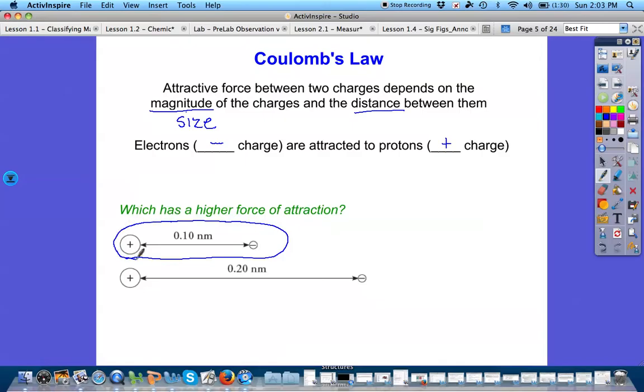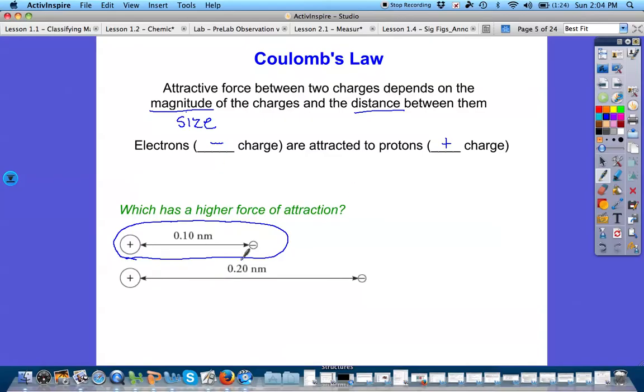You can think about this like if you have two magnets and you have one magnet on one side of the room and then someone on the other side of the room holds it. There's going to be attraction, but the attraction's not going to be that great. Whereas if you're holding a magnet and the person sitting right next to you is holding a magnet with the opposite end facing towards you, the force of attraction is going to be a lot greater.